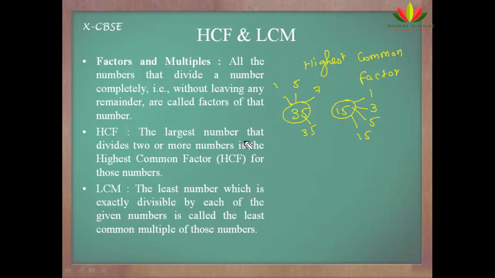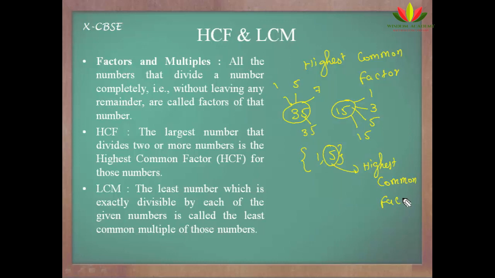Now for these two numbers, what are the common factors? 1 is a common factor for any two numbers, and other than that, 5. Between 1 and 5, which is the greatest? 5. So this is the highest common factor.